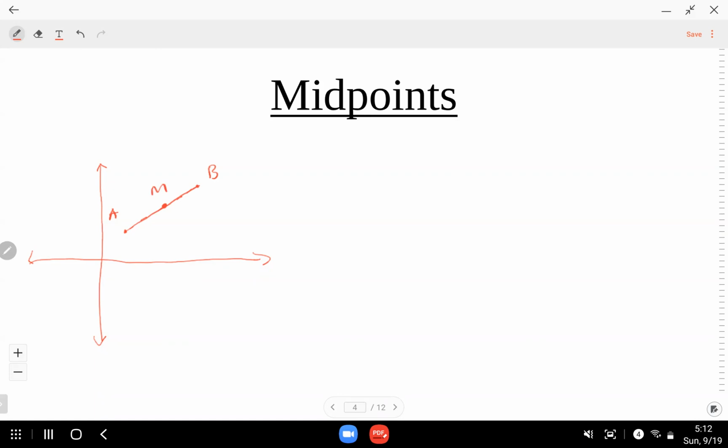So if you were to find the midpoint of AB, what you would need to do is find the measure of AB and divide it by 2. Okay. So, but what if we had, what were our previous points?